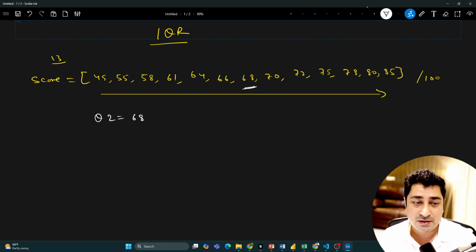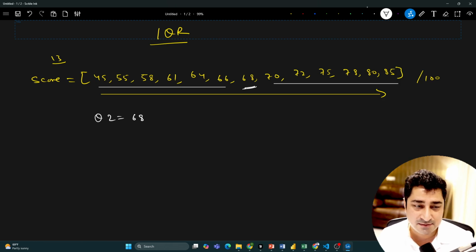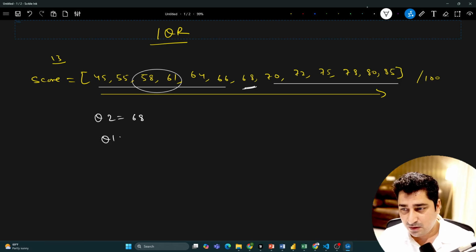So our Q2 is 68, and then we have to find the median of the lower half and the median of the upper half. The median of the lower half is the average of these two numbers, and that is called Q1.